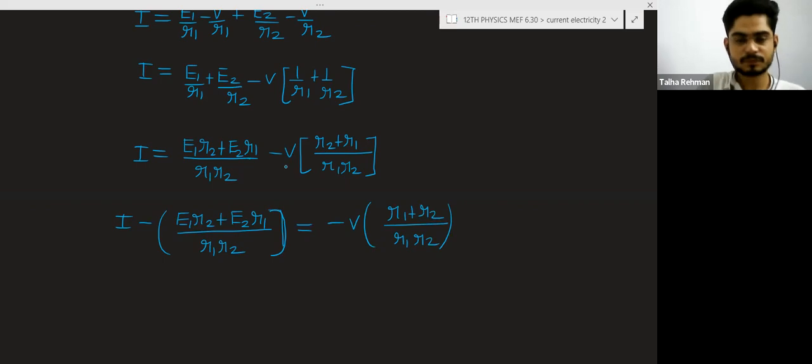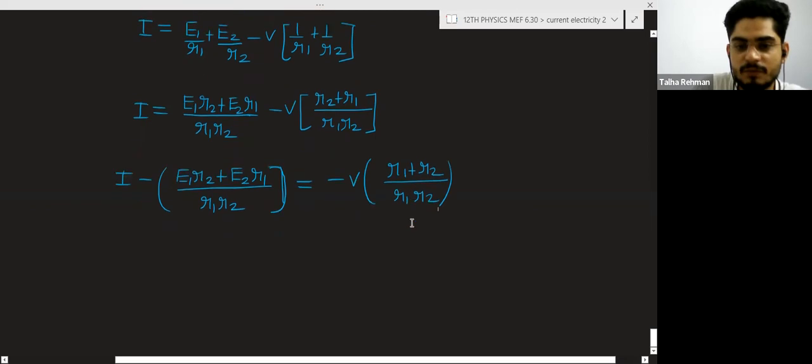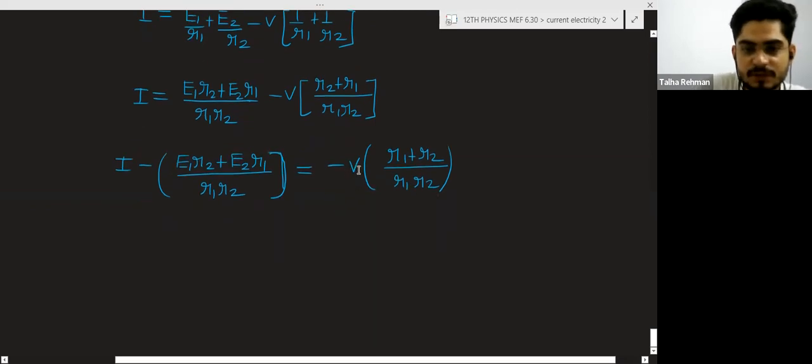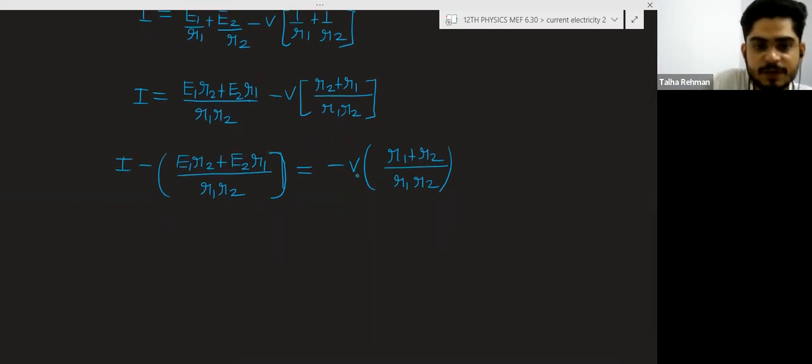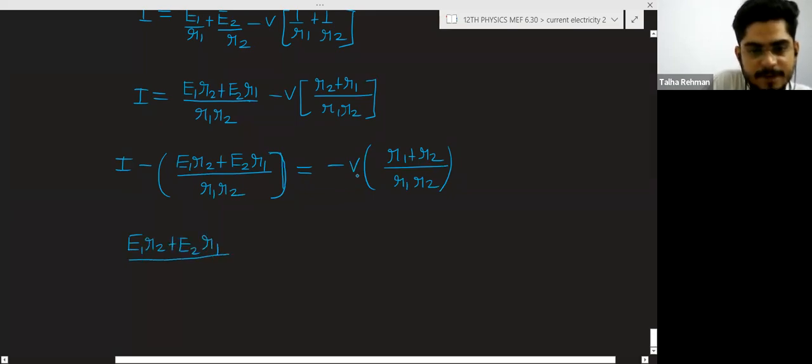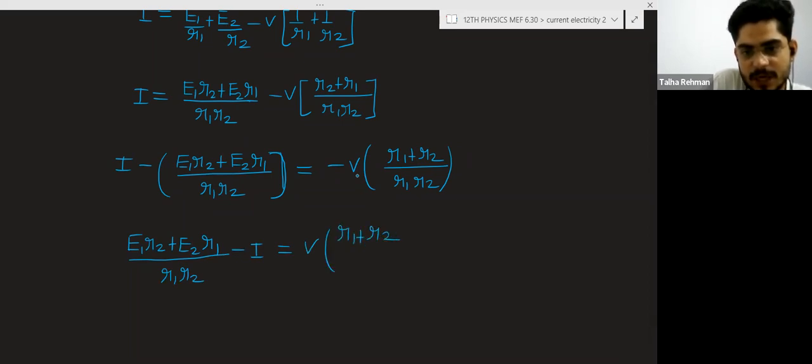Now what we will do? We want to calculate this V. So first take common minus from all these sides. You will get (E1 R2 plus E2 R1) divided by R1 R2 minus I is equal to V, this minus will be cancelled out, times (R1 plus R2) divided by R1 into R2.